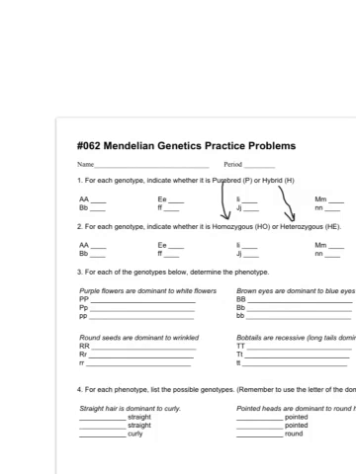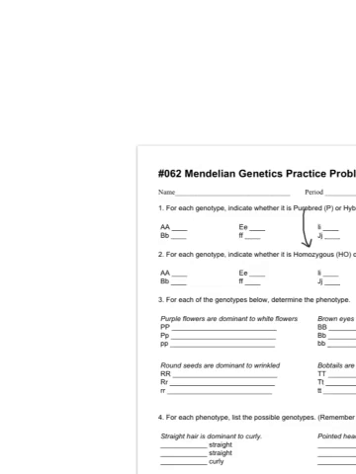So now if we go back here, and we were working on number 1, big A is 2 of the same letters, and so this is going to be a purebred. And the B's are different, what we think of as heterozygous, which means they are equivalent to hybrid.